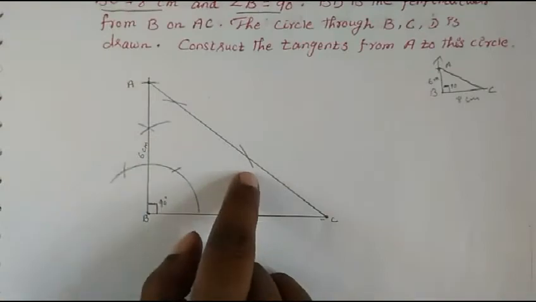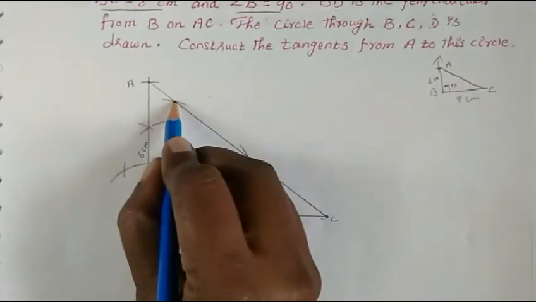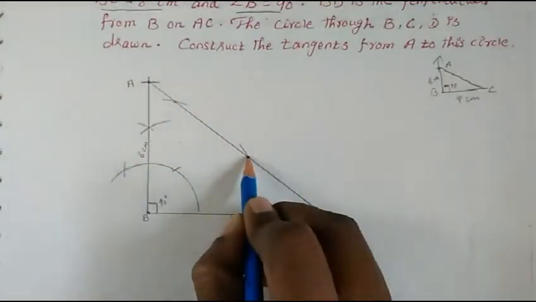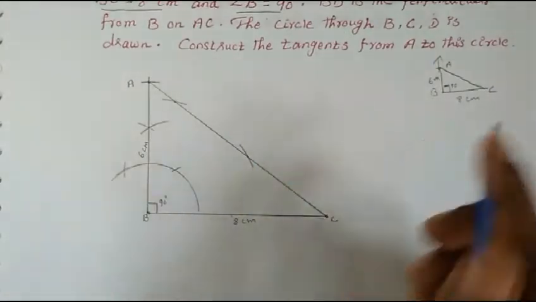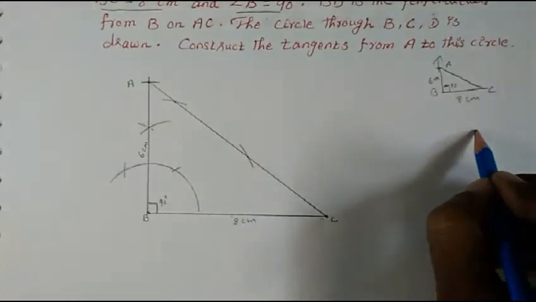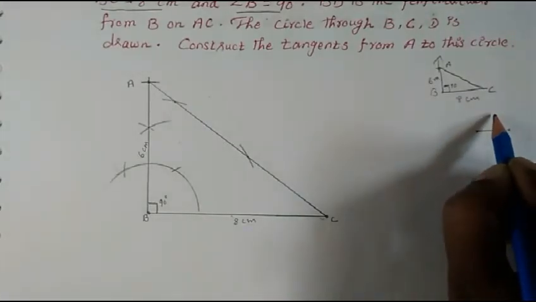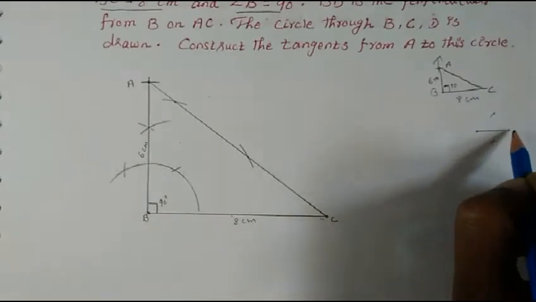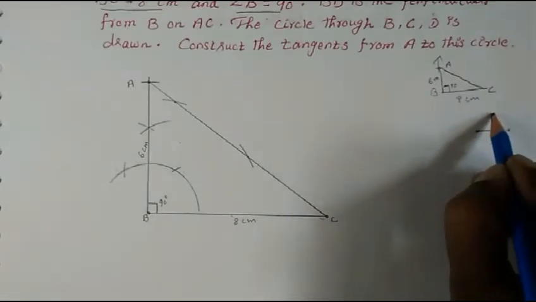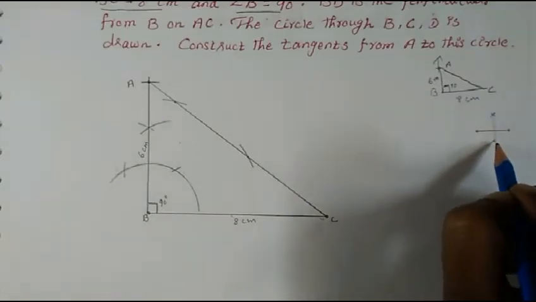So normally when we want to construct a perpendicular line, you need a line and two points. Then we take more than half of this measure and draw an arc, and from here another arc, then we cut. Then we draw a perpendicular line.